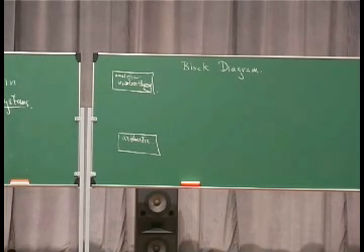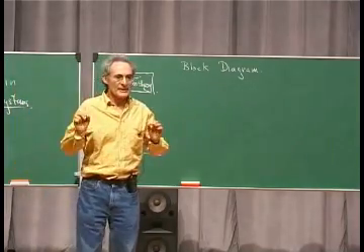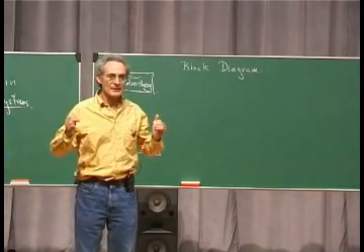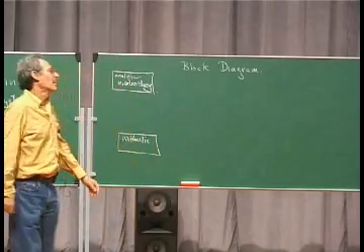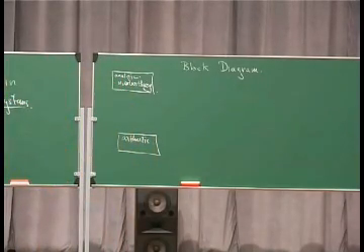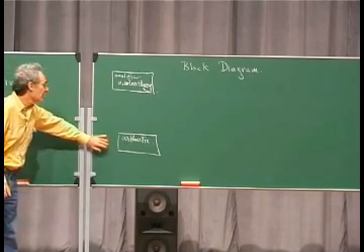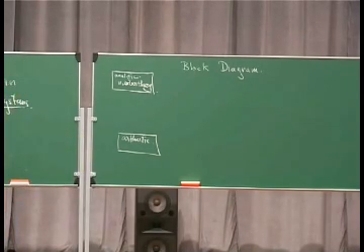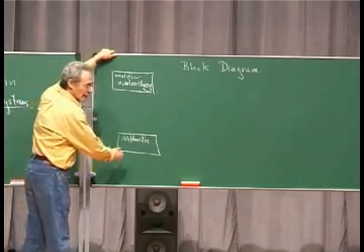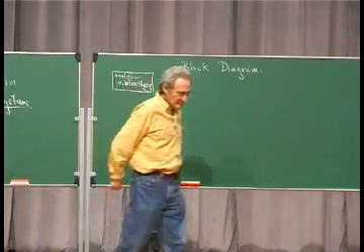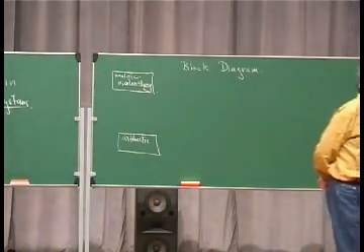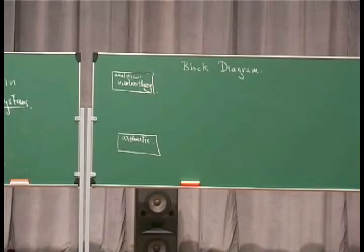And Selmer groups are going to be nothing more than sort of very specifically controlled cohomology, pieces of Galois cohomology of Galois representations, and we'll get to them. And in fact, I'll define Selmer groups in my context when we get to it. But this you can think of as cohomology of certain Galois representations.